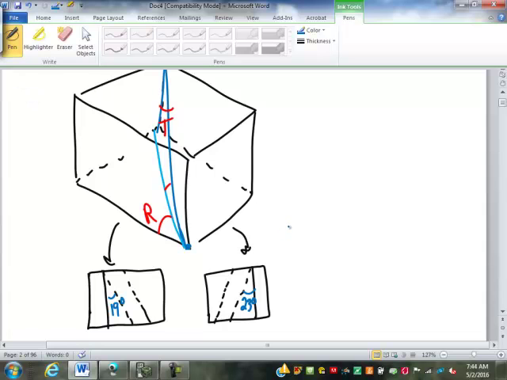You might be looking at that thinking, we don't have enough information. What didn't I give you here? I didn't give you a thickness, did I? Guess what? We don't need it.